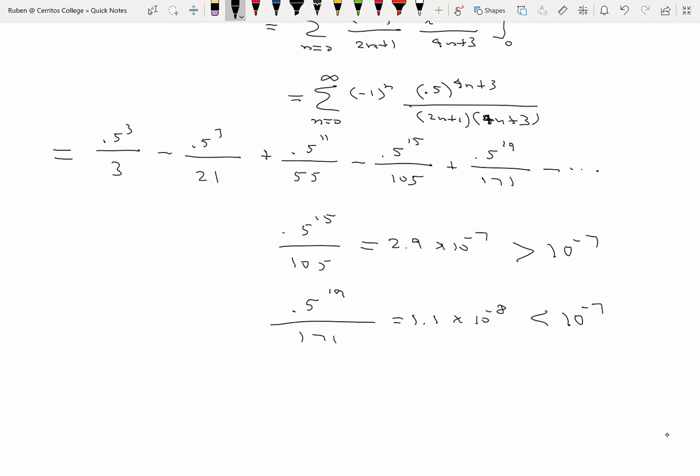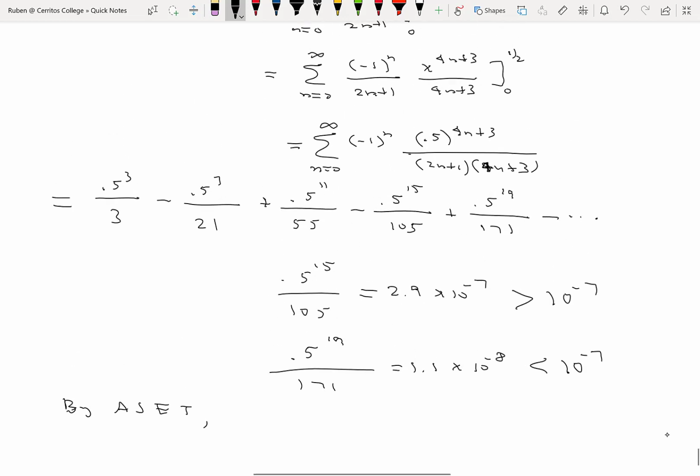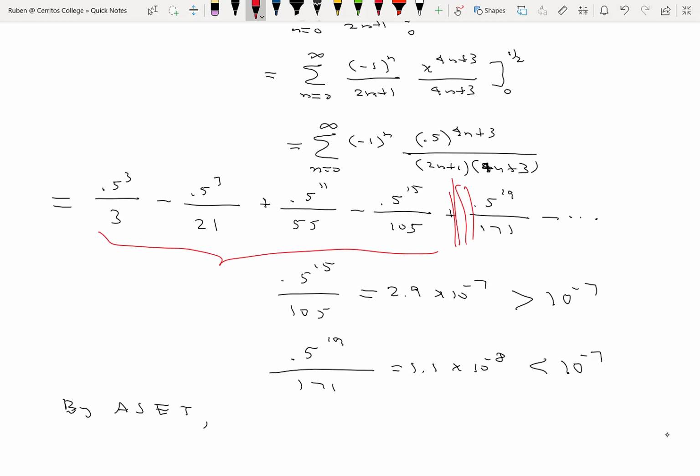So my alternating series estimation theorem says that I can add the terms up just before that. Since that term, 0.5 to the 19th over 171, is less than my error, I can cut my series off right there, and my integral will be approximately the terms before that.